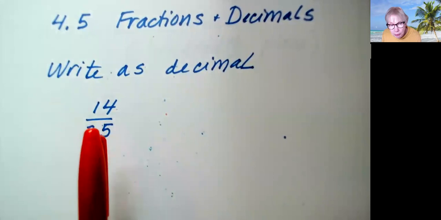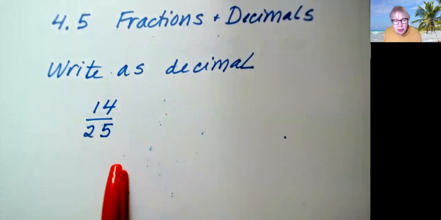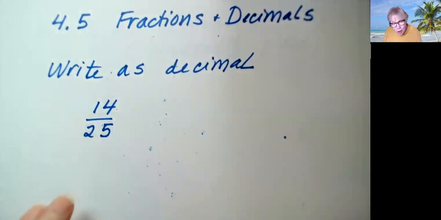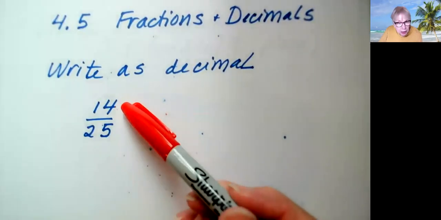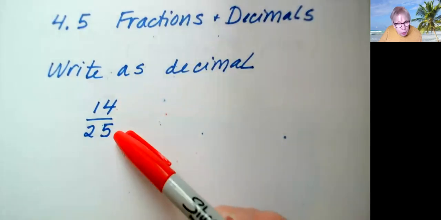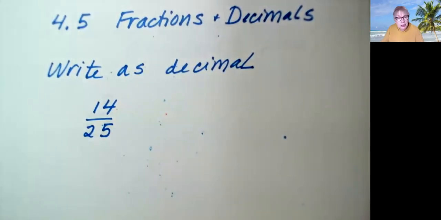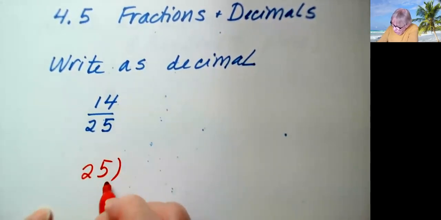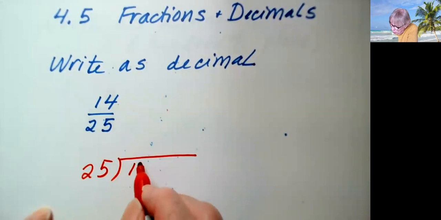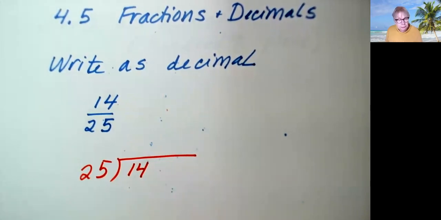Now, here's the problem. Some people think, I'm going to make my division problem, but I'll put the small number on the outside because it would be so much easier that way. Well, that's not what this is asking you to do. This is 14 divided by 25, which means the 25 is on the outside, and the 14 is on the inside.